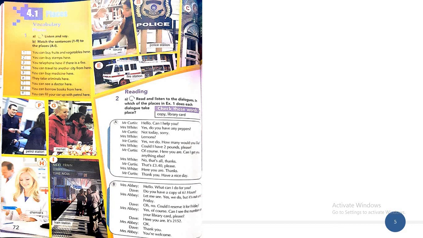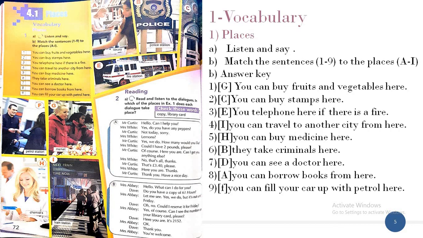Well done. Now, let's move to the answer key. As I have said, match the sentences from 1 to 9 to the places from A to I.